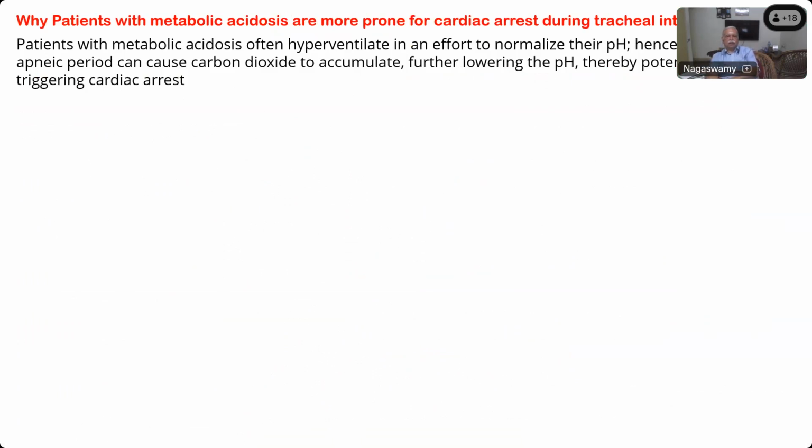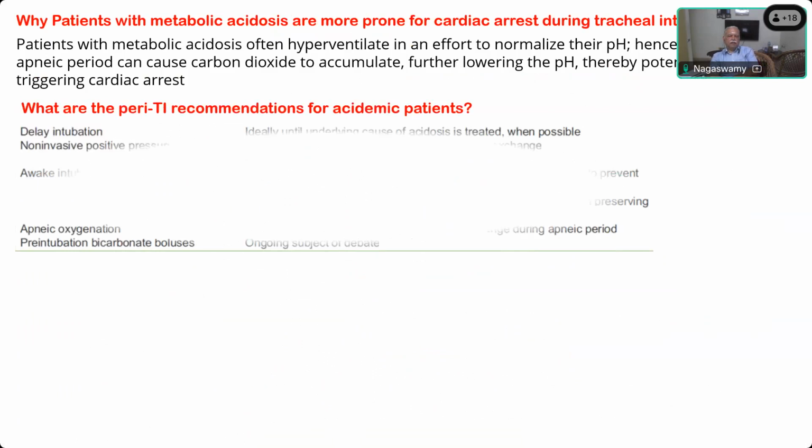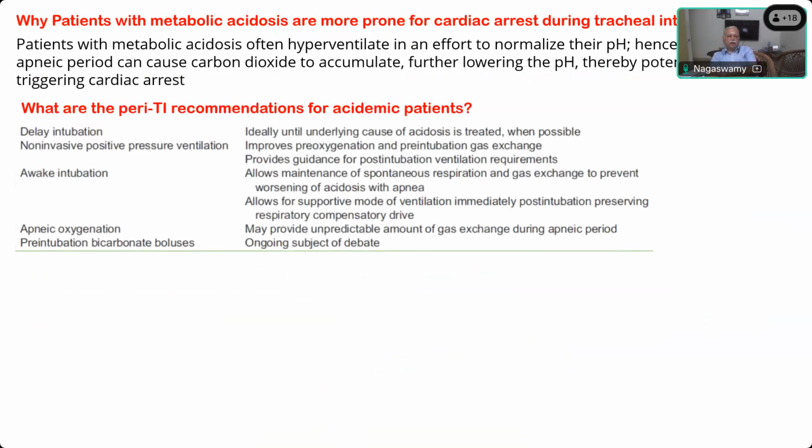So, further worsening of acidosis will happen because of CO2 accumulation. So, what are the peri-tracheal intubation recommendations for acidemic patients? These are the things. Delay intubation as much as possible by trying to correct the metabolic acidosis wherever the reason for metabolic acidosis is identified. Or you can go for non-invasive positive pressure ventilation, which improves pre-oxygenation and peri-intubation gas exchange.